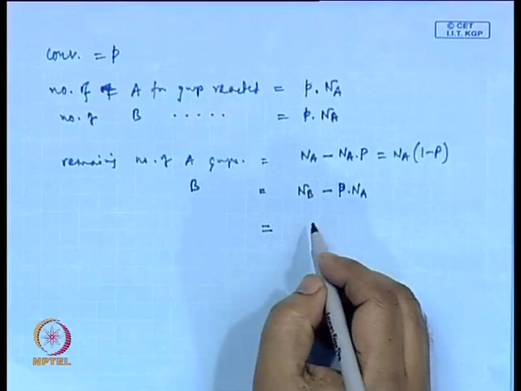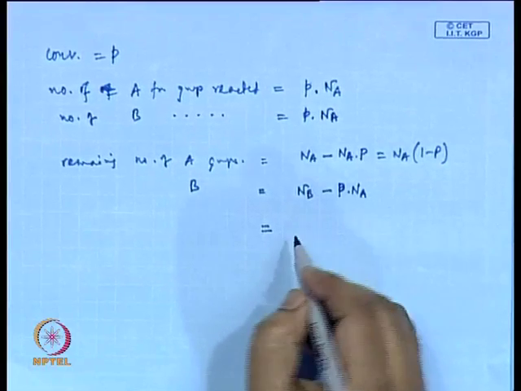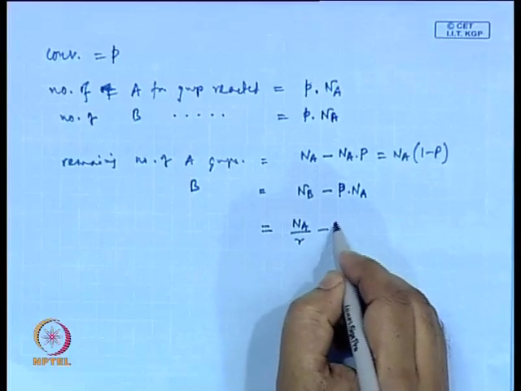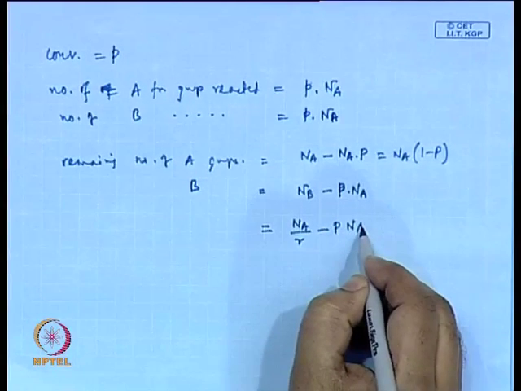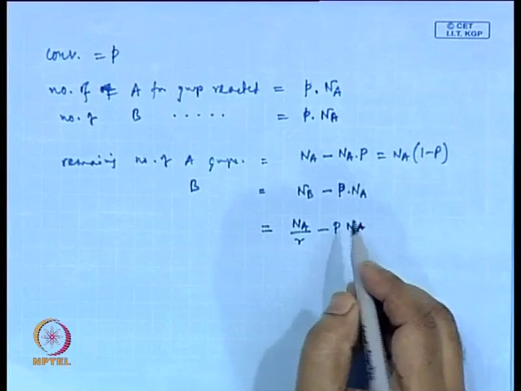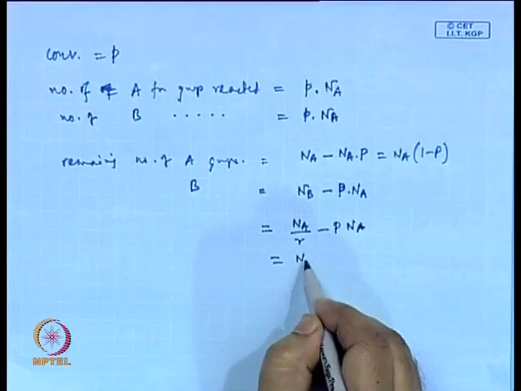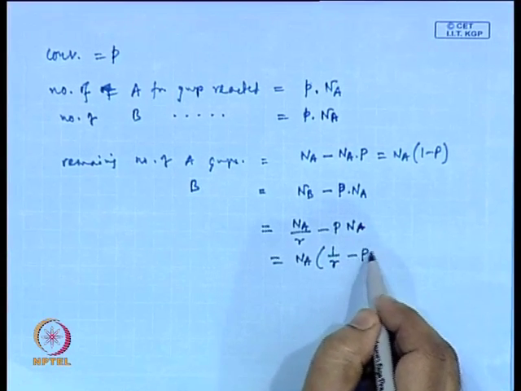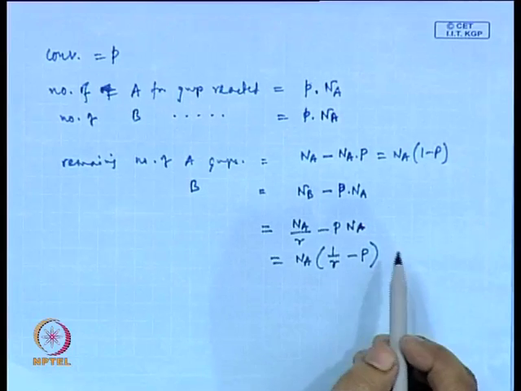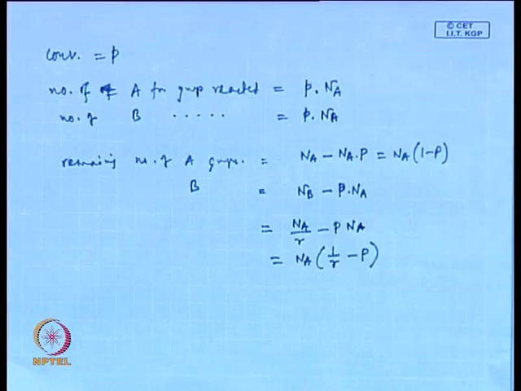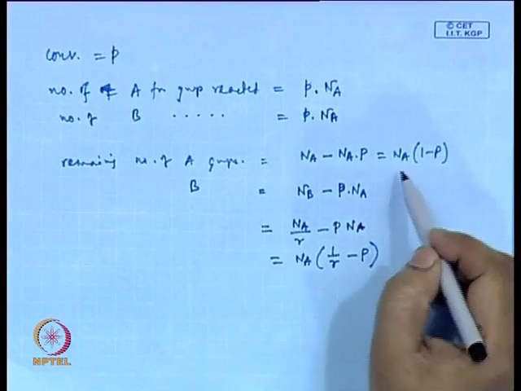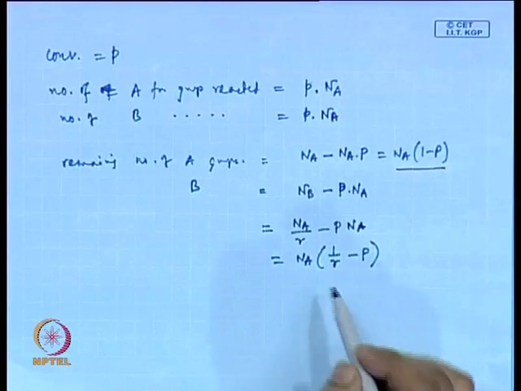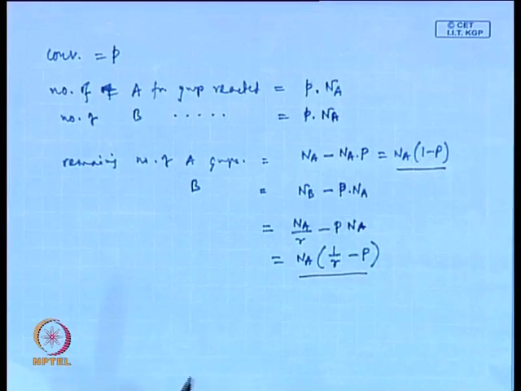Again Nb is Na by R, minus P Na, which gives us Na times 1 by R minus P. So, this is the number of A groups remaining, and this is the number of B groups remaining.